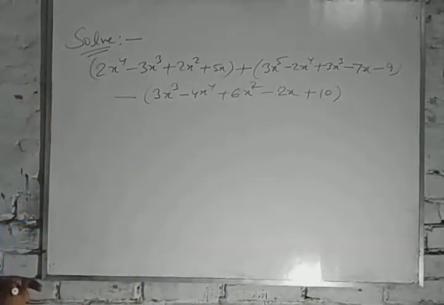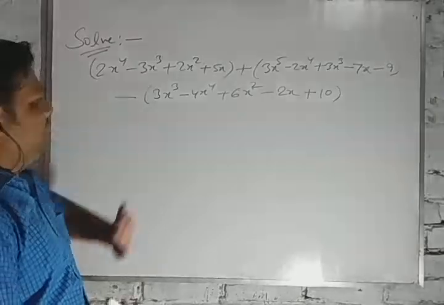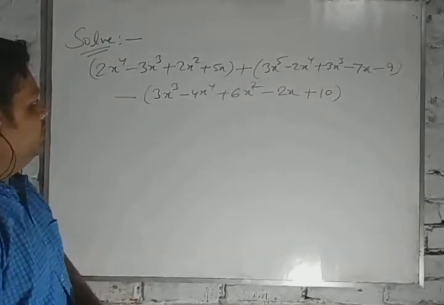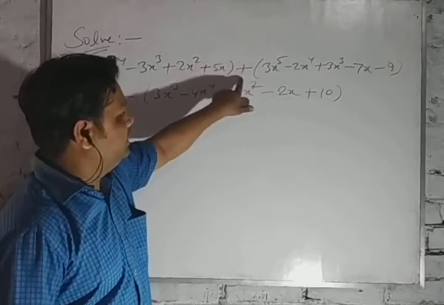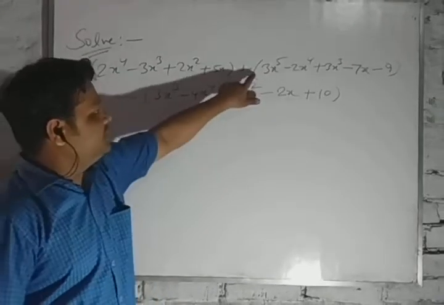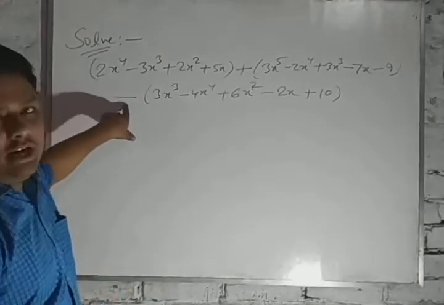Okay, here you can see I have taken three expressions. But here in between the first two expressions there is a plus sign, and in between the second and third expressions there is a negative sign.